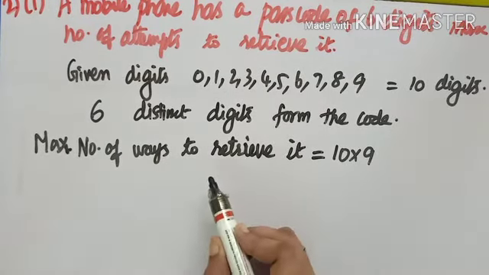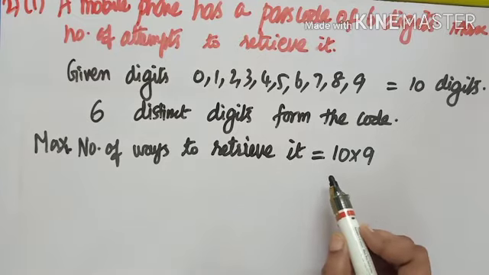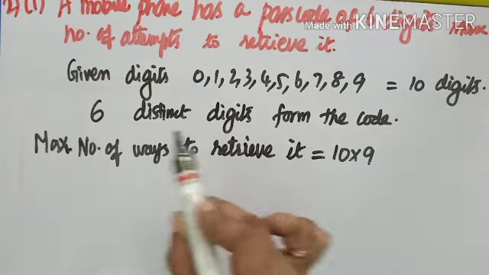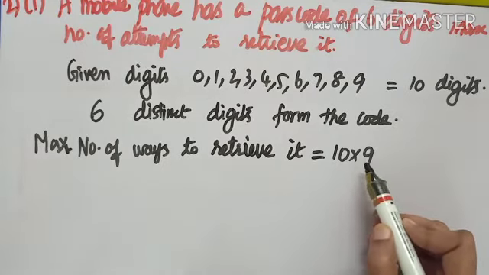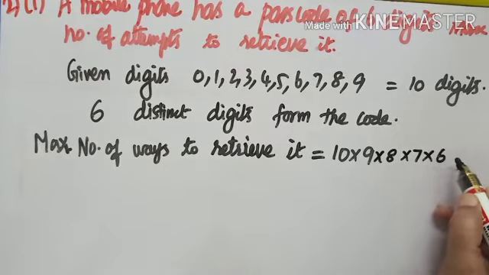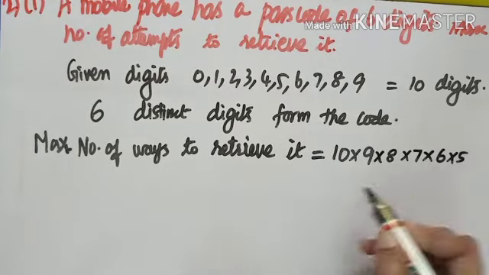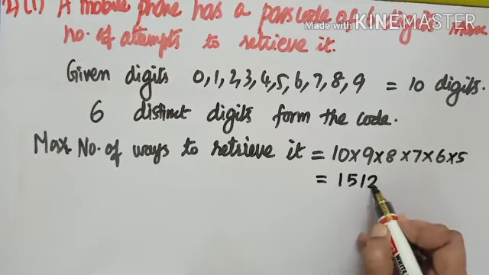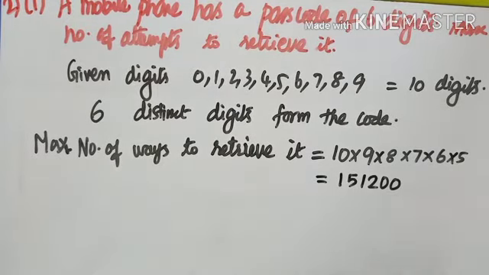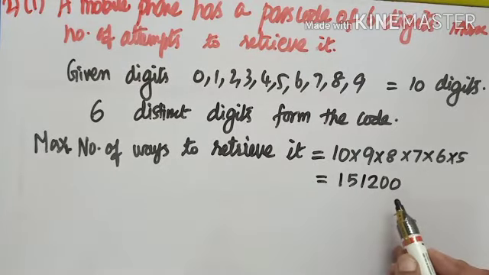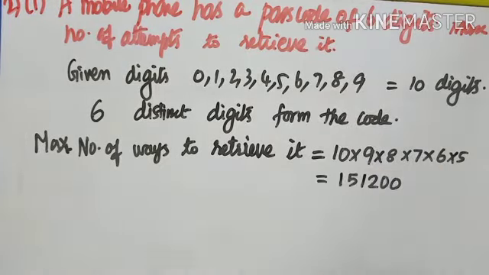Maximum number of ways to retrieve it: from 10, we are going to frame 6. So first place by 10, second by 9, then 8, 7, 6, 5. Multiply it all and write the answer: 151200. So this many ways we have to attempt to retrieve the passcode.